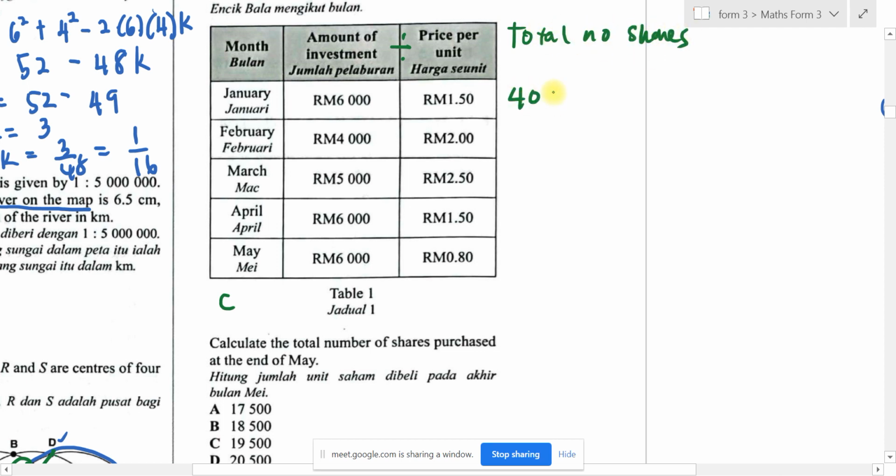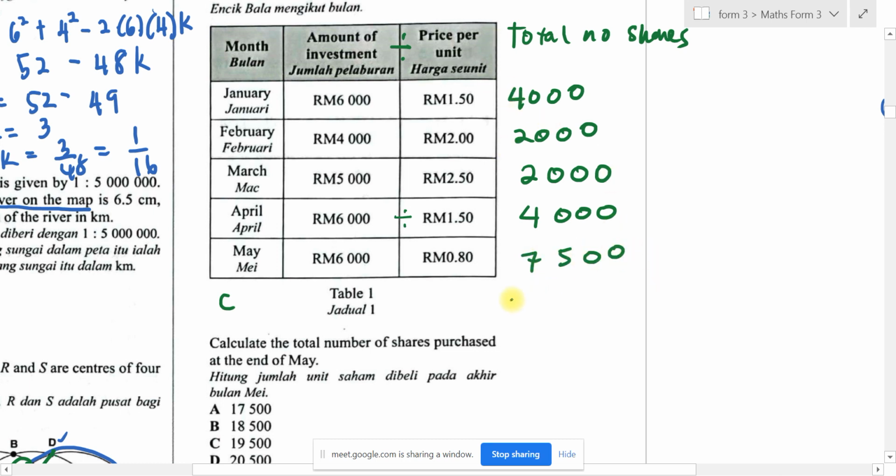So you get 4,000 here. 4,000 ringgit divided by 2 ringgit, so you get 2,000 here. 2,000 as well. And 4,000. You just divide them. And 6,000 divided by 80 cents is 7,500.